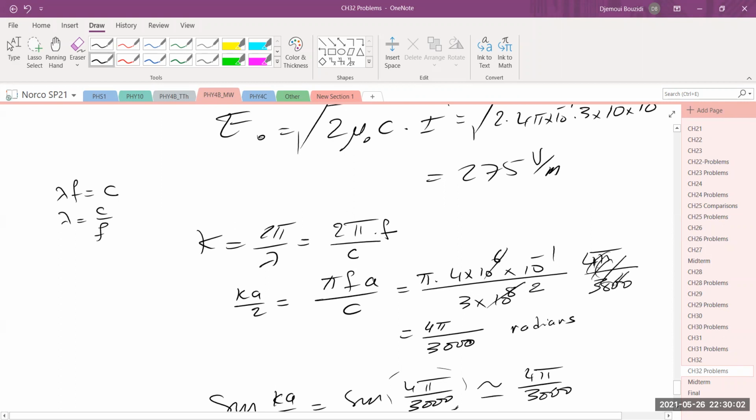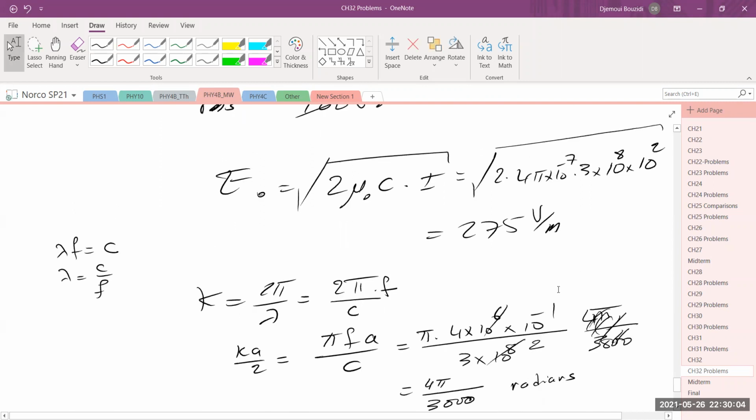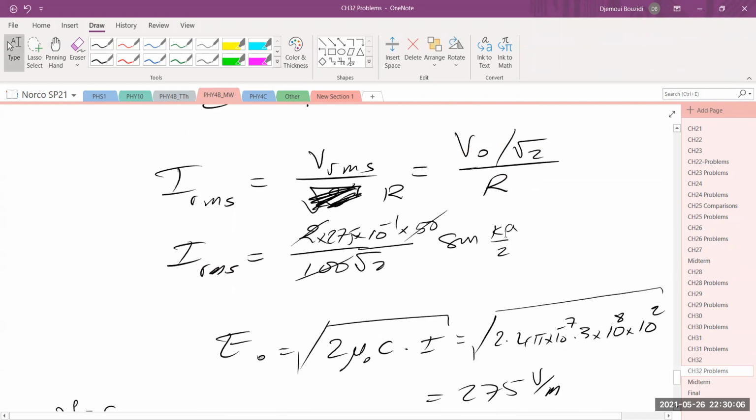Why is this here? This is actually wrong. It's going to be here. This number needs to be replaced by 4 pi over 3,000. That's what I'm trying to find, the IRMS. I have 275 divided by square root of 2 times 10 to the negative 1 times 4 pi divided by 3,000. That's what I want to find for the current.